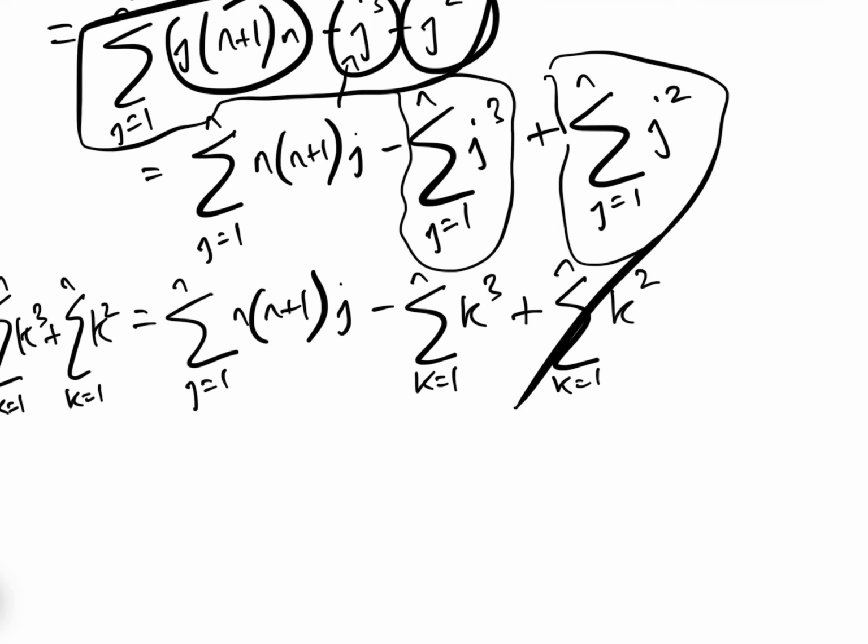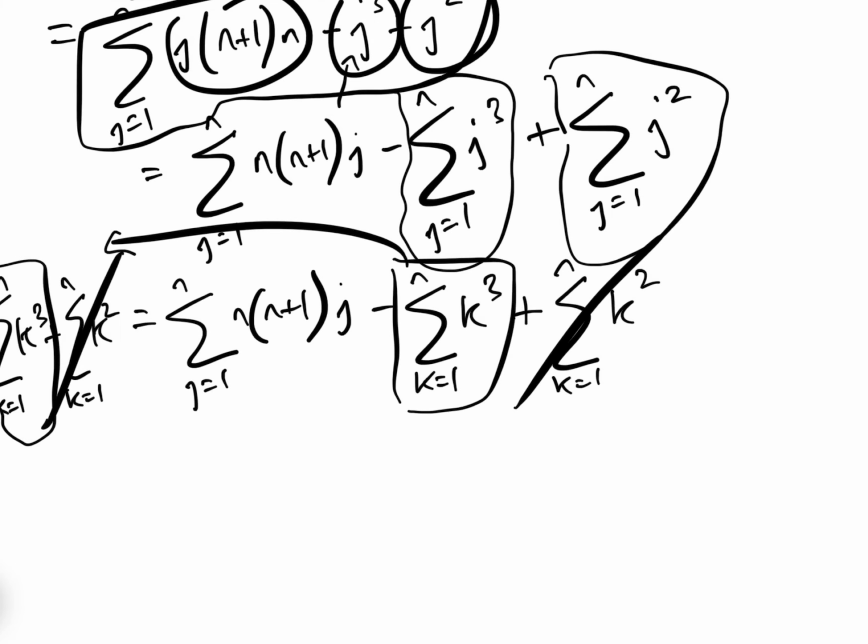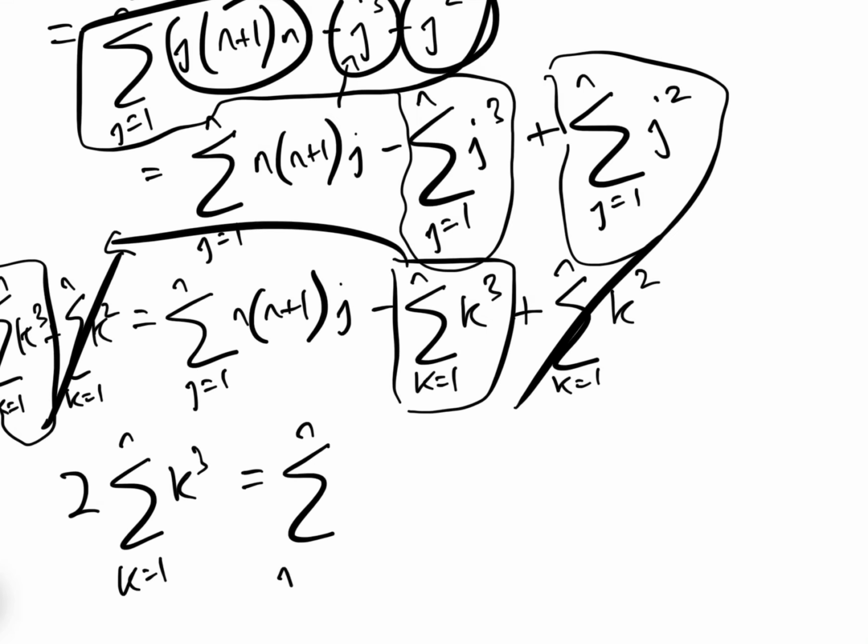Well, the sum from k equals 1 to n of k squared cancels, and we can add here, that's the sum from k equals 1 to n of k cubed, so we can take that over the other side, and that leaves us 2 times the sum of k equals 1 to n of k cubed equals the sum from j equals 1 to n of n plus 1 times j.